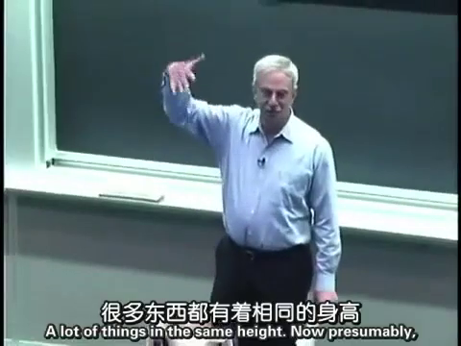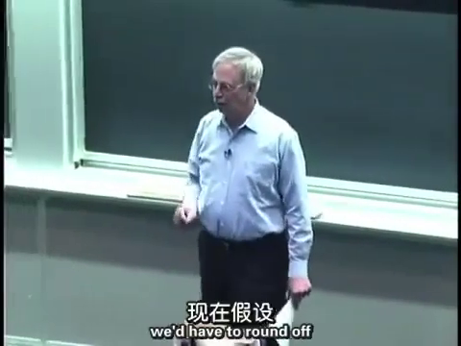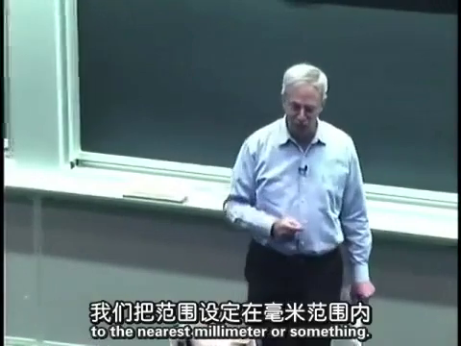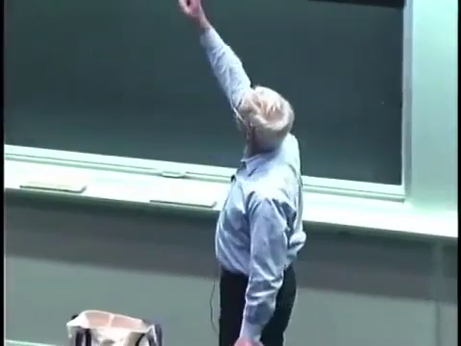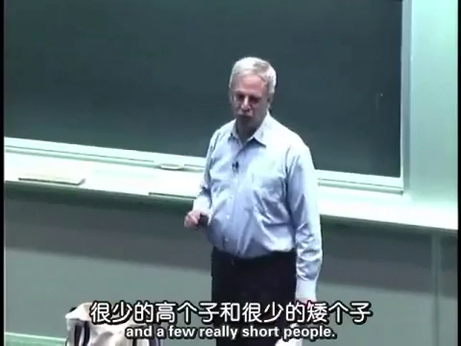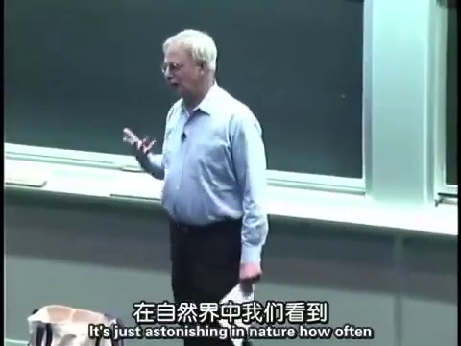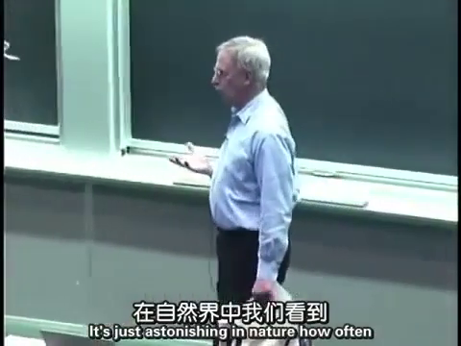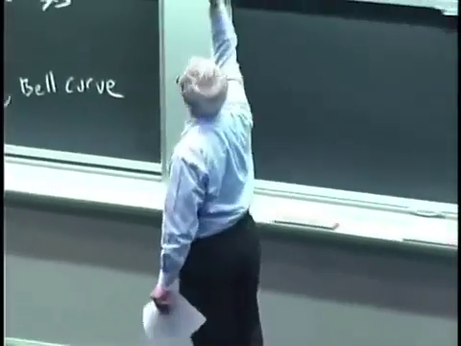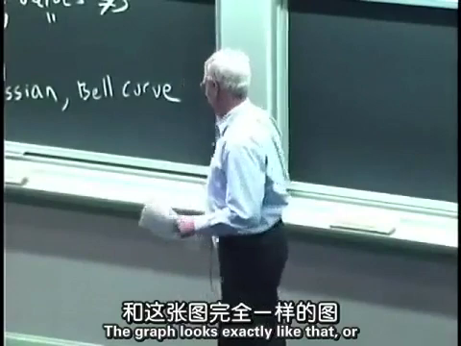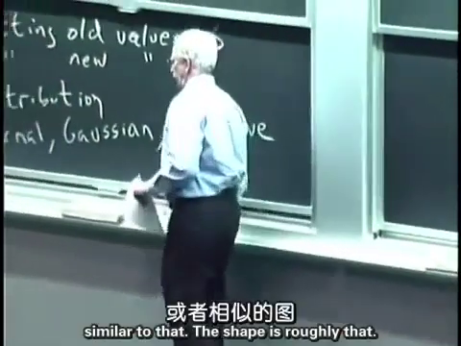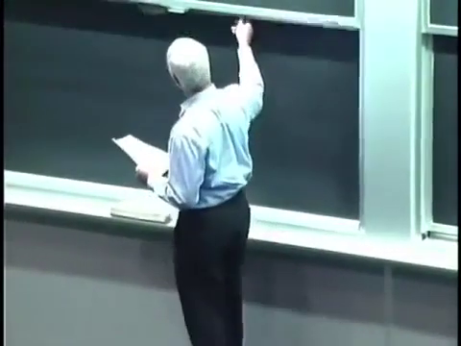A lot of things in the same height. Now, presumably, we'd have to round off to the nearest millimeter or something. And a few really tall people and a few really short people. It's just astonishing in nature how often we look at these things. The graph looks exactly like that, or similar to that. The shape is roughly that.